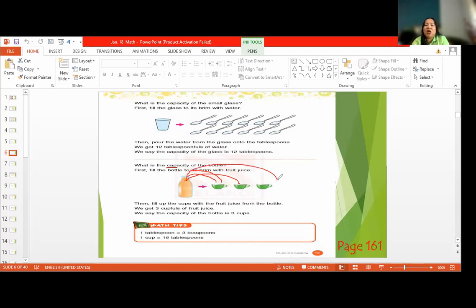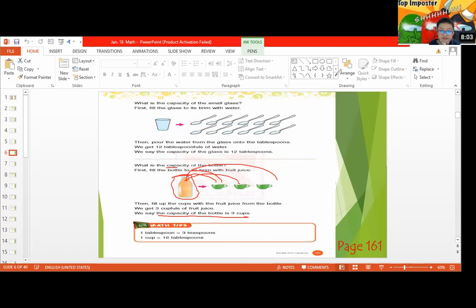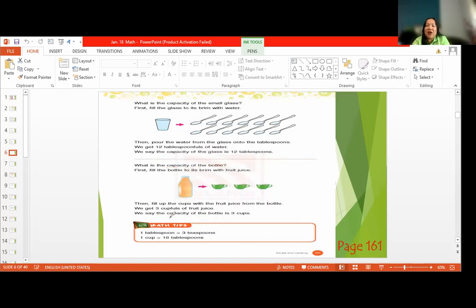We get 3 cupfuls of fruit juice to fill this bottle. What is the capacity of the bottle, class? The capacity of the bottle is 3 cups. Remember that one. 3 cups.